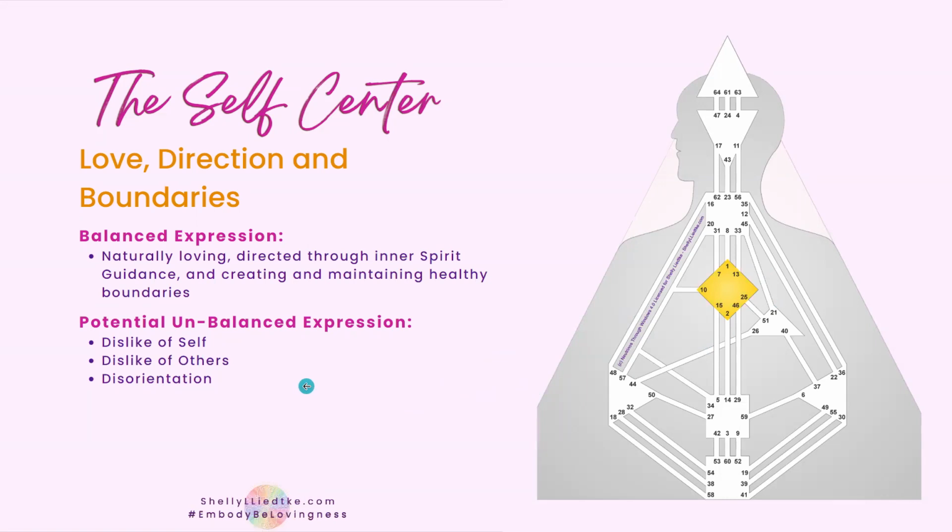The self center again has to do with love, direction, and boundaries in our life. So when we're balanced in this center, we're naturally loving, more easily directed through inner spirit guidance, and creating and maintaining healthy boundaries for ourselves, being open and receptive as well as creative in our life. And if it's unbalanced, then it may show up as a dislike of self, dislike of others, or feeling disoriented.